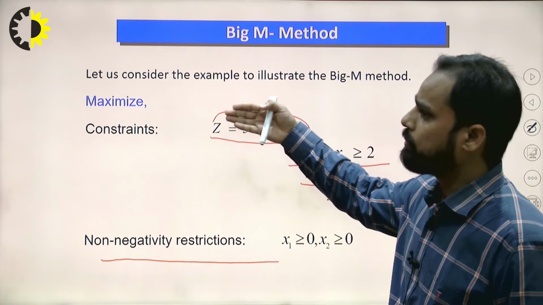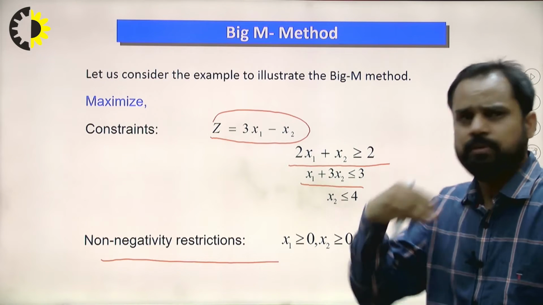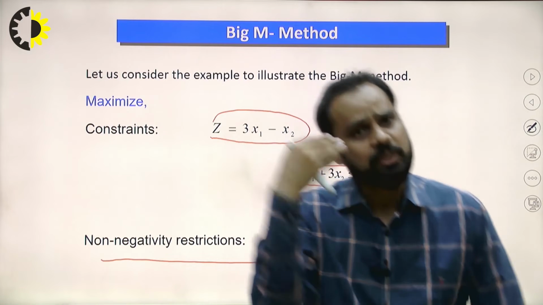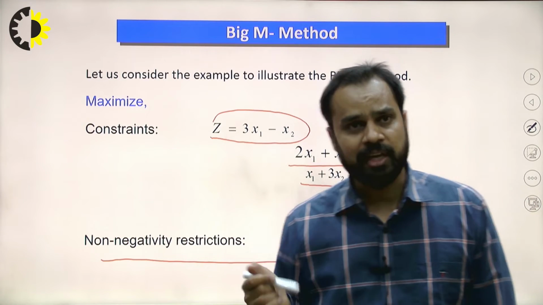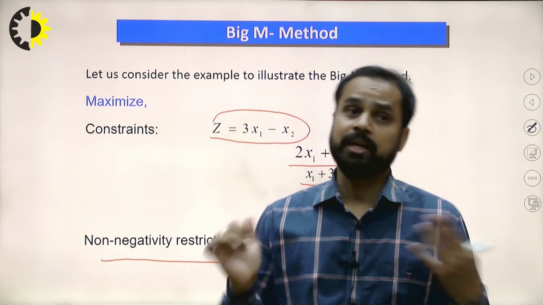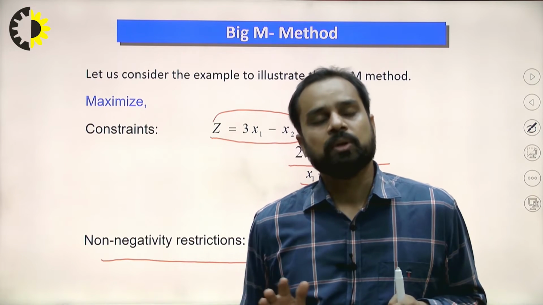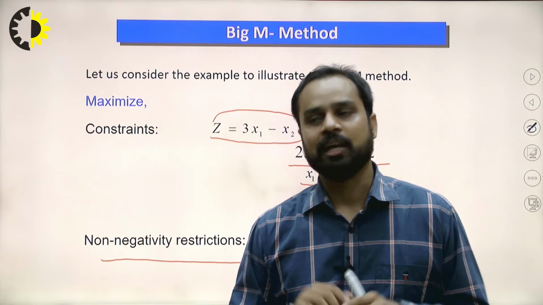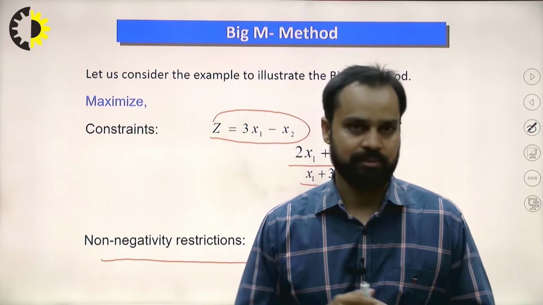So if the problem is like this, and we try to start with the simple simplex method, then we will face some difficulty and be unable to solve it. Then why are we choosing this method? Firstly, we have to look at what happens if we solve this problem with the simple simplex method and are unable to proceed further.